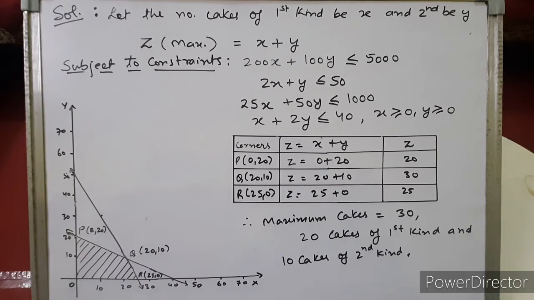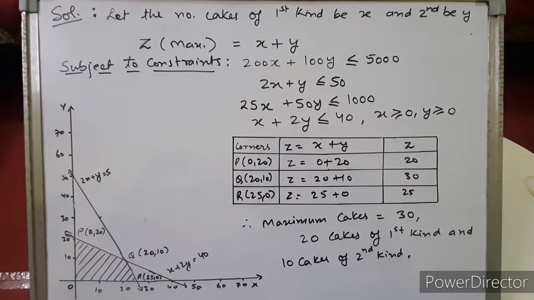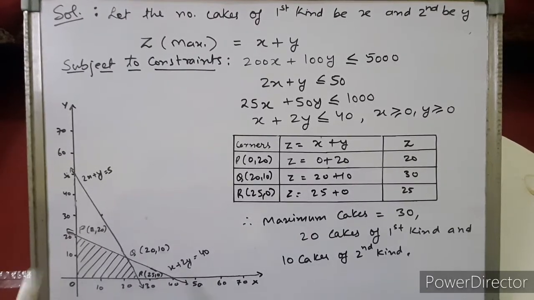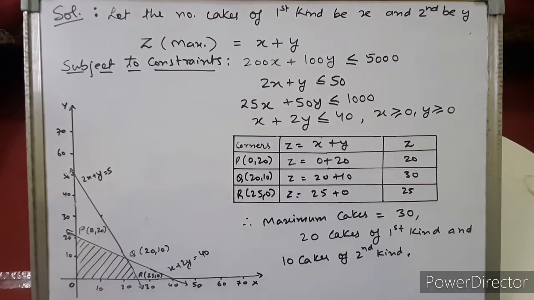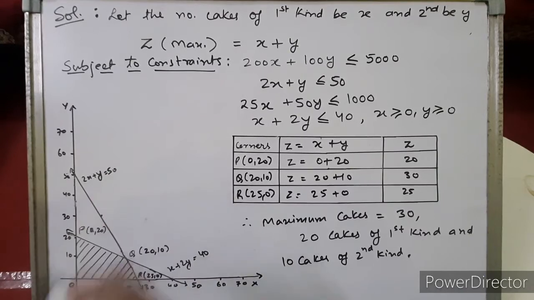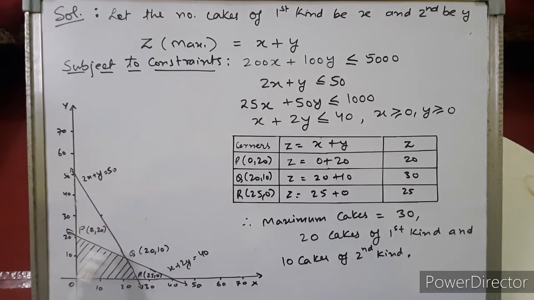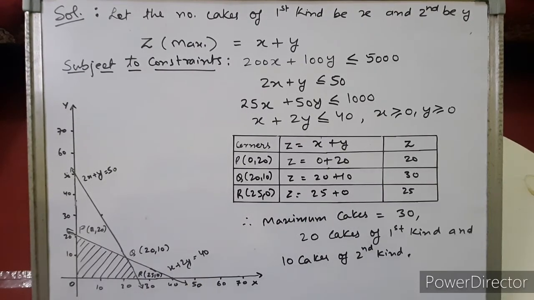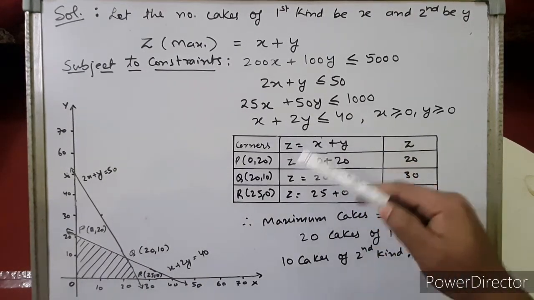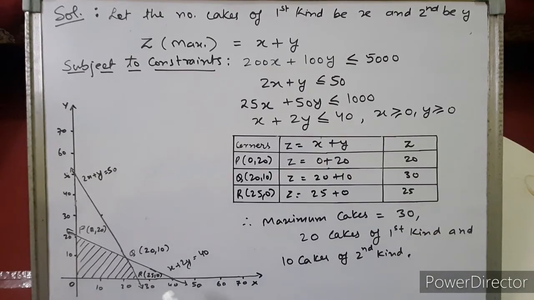Alright, now when we draw these lines, the inequalities, on the graph, we'll get this as the feasible region. So this line is representing the equation 2x plus y equals 50. And this line will be representing the equation x plus 2y equals 40. So when we plot this inequality x plus 2y less than equal to 40, this line is more towards horizontal.